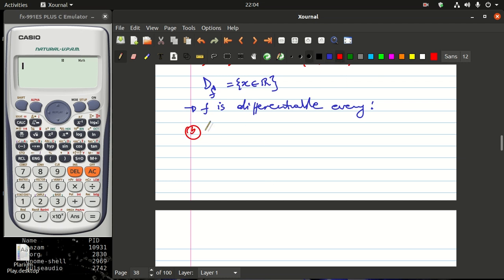What was b saying? B was saying f of x was equal to x squared, which means that f prime of x, which is the same as the limit as h approaches 0 of f of x plus h minus f of x all over h.